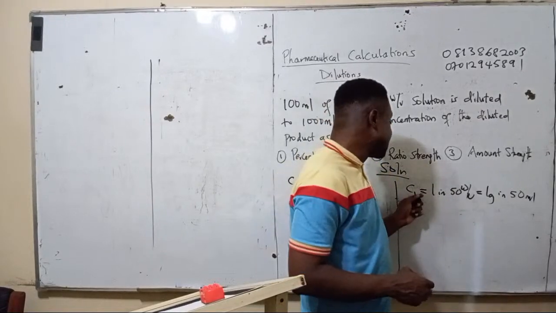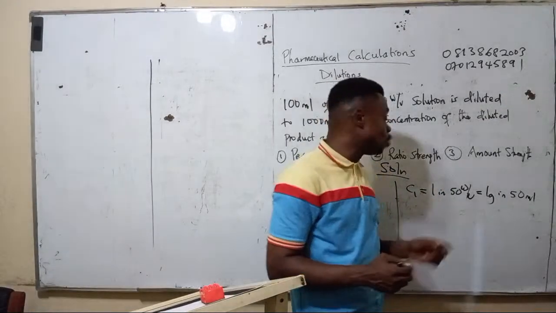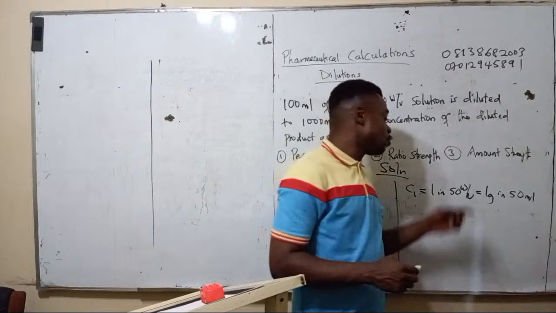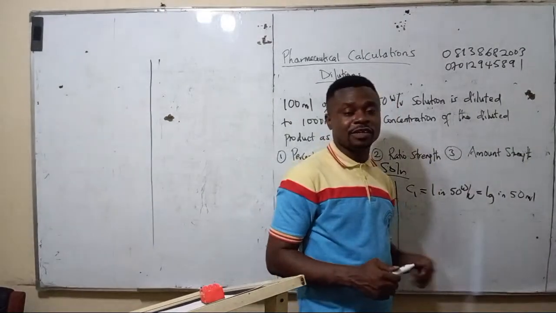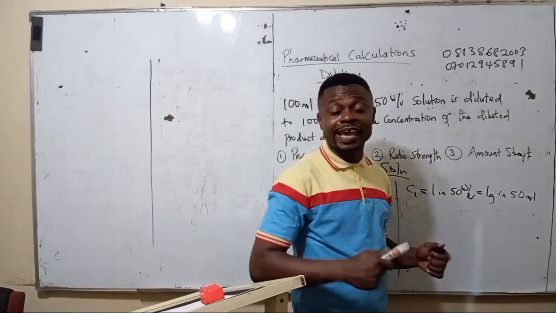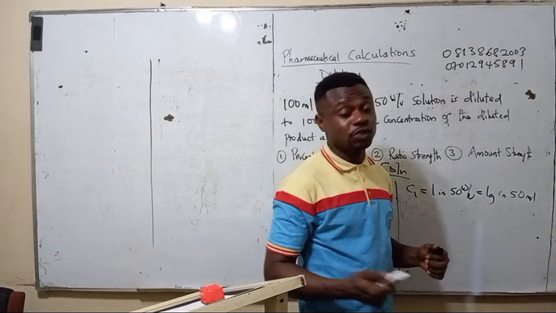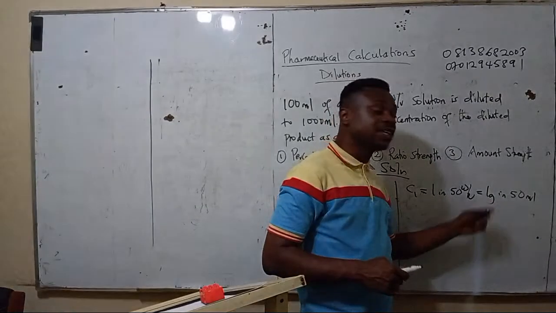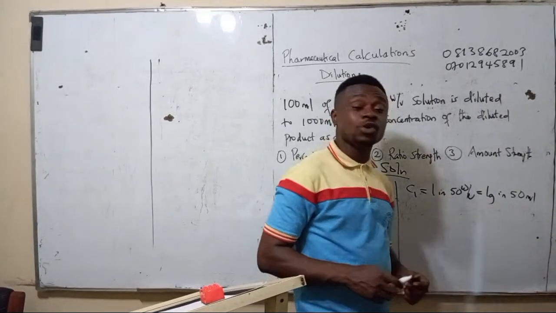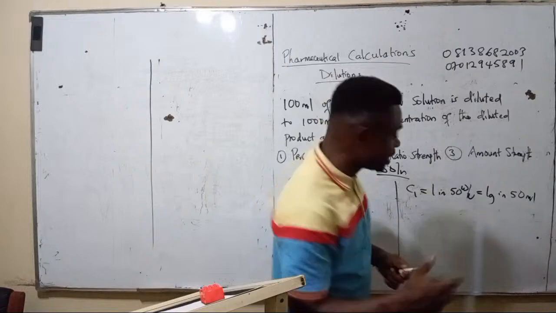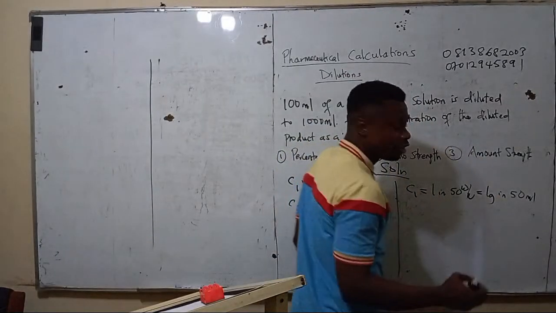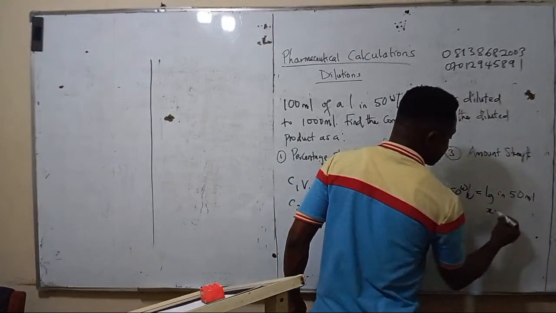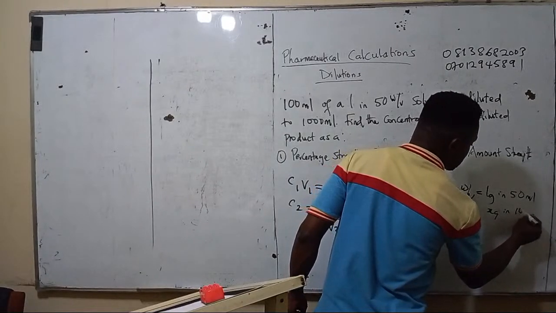So if we have 1 gram in 50 mL, remember we are moving this to percentage so we can work with it. Percentage is per 100, so how much of this solute can we have in 100 mL? We have x gram in 100 mL.